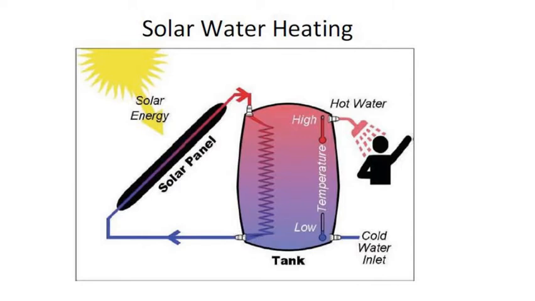This is a pump for circulating the carrier fluid, and we can use hot water from this tank. This is the hot water outlet, and this is the cold water inlet. We can use this hot water in the bathroom and for other purposes. So this is solar water heating.